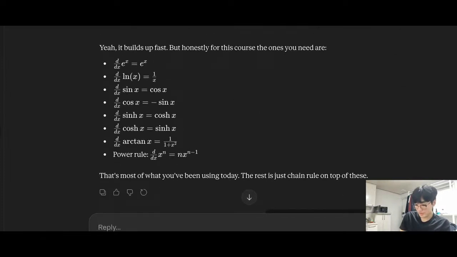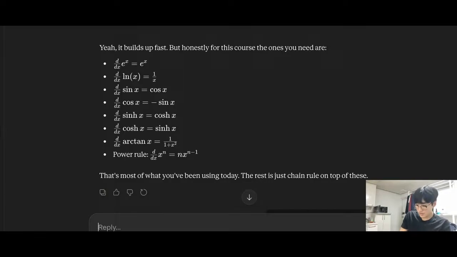We go: derivative of sine x equals cosine x. I mean, these are easy, basic ones. Cosine x, which is negative sine x. Derivative of sinh x equals cosh x.